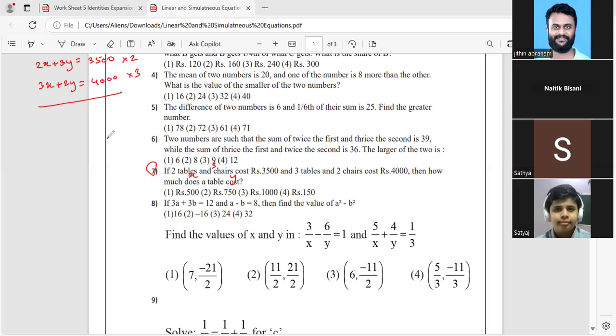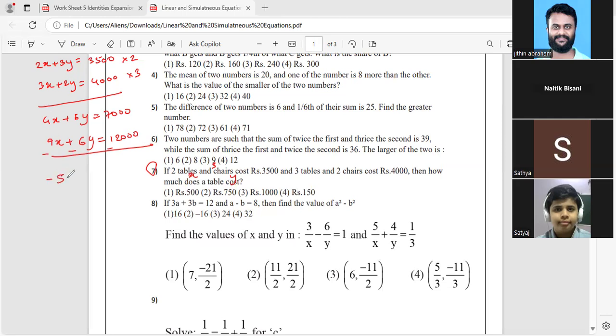I'm so sorry. So over here, the first equation I'll be multiplying by 2. That gives me 4x plus 6y is equal to 7000. And there goes 9x plus 6y is equal to 12,000. And when I subtract them, all the signs are changed.